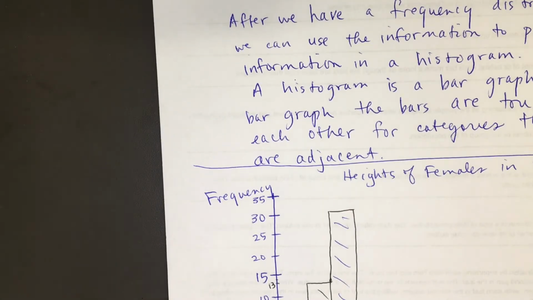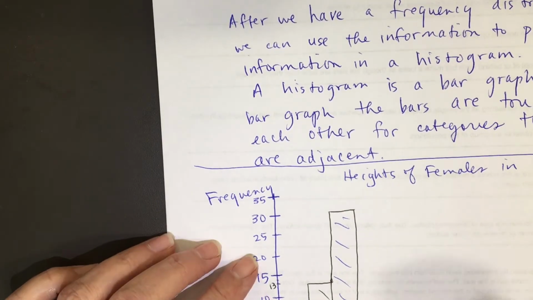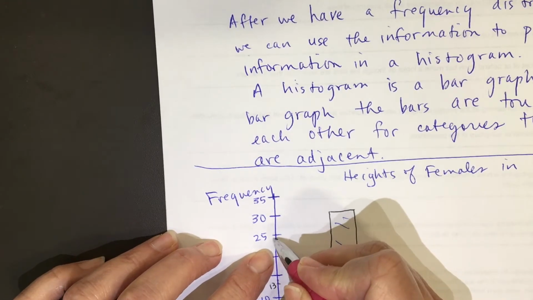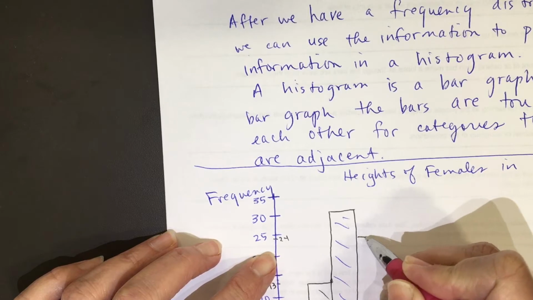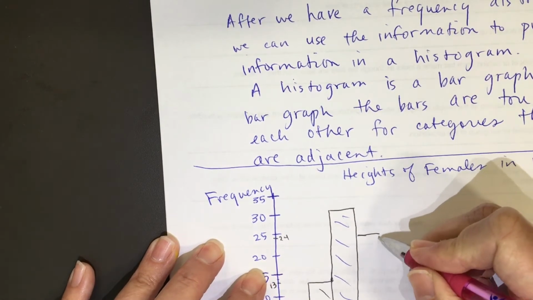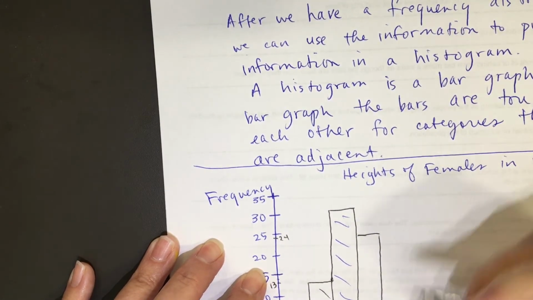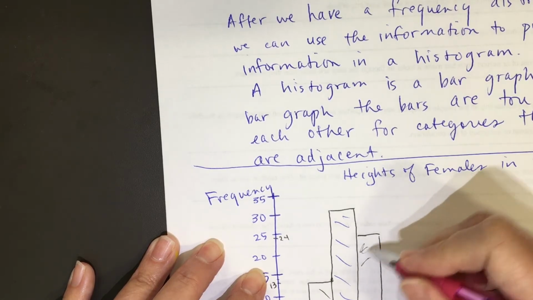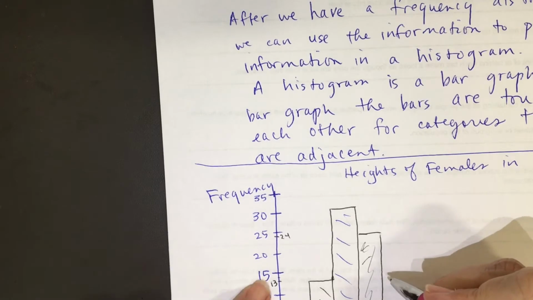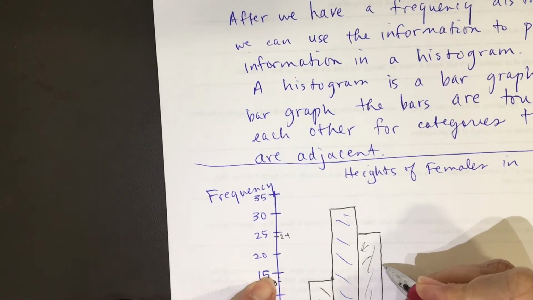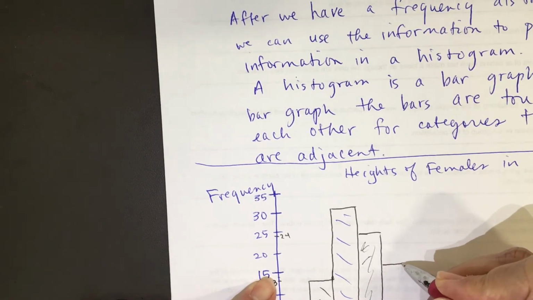The next one, I had 24 people. That's going to be slightly under 25. The next category was 16 people, a little above 15.